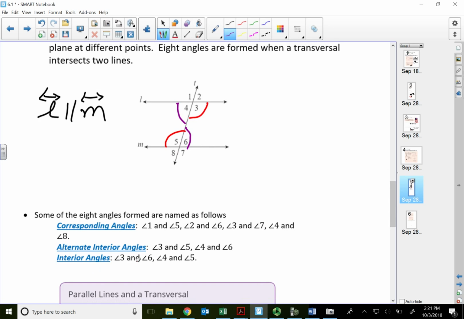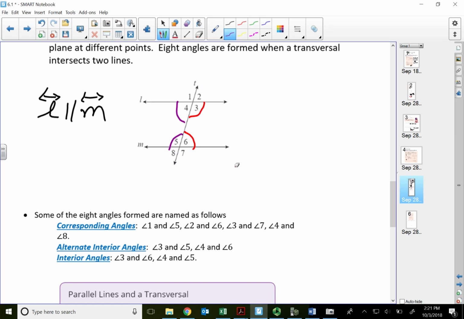What is so-called the interior angles? That means between the parallel lines and also on the same side of the transversal. So the interior angles on the same side of the transversal are 3 and 6, and the other pair is 4 and 5.